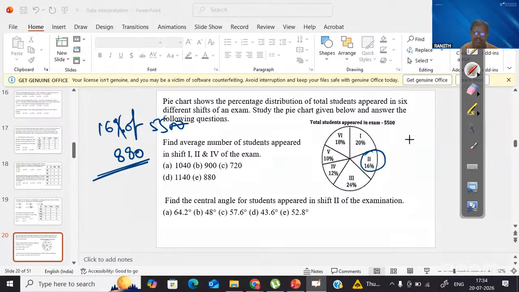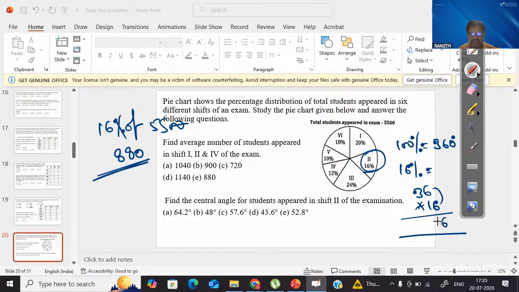Just look here, 100% will be equal to 360 degrees. We need to find out 16%, so we need to multiply 36 into 16. So just look here, 6 6s are 36. The answer ends with 6.